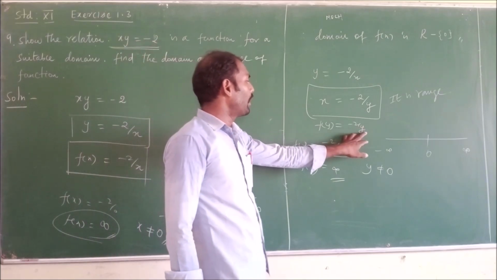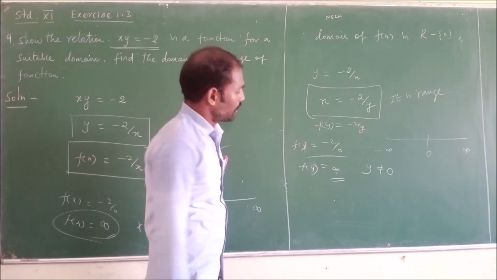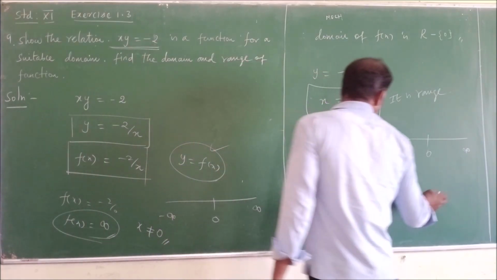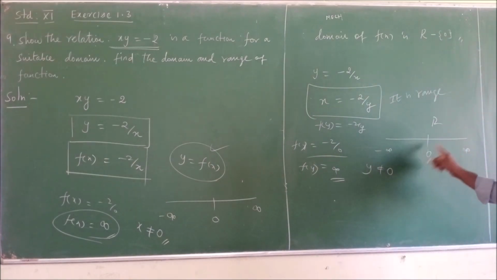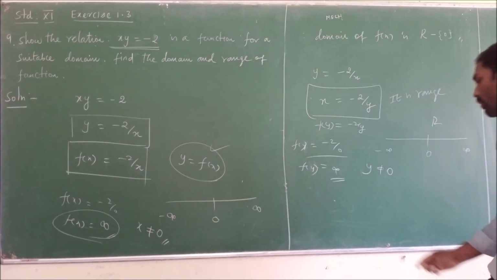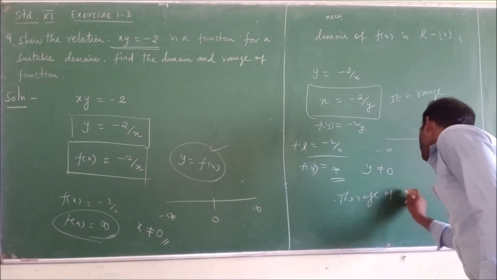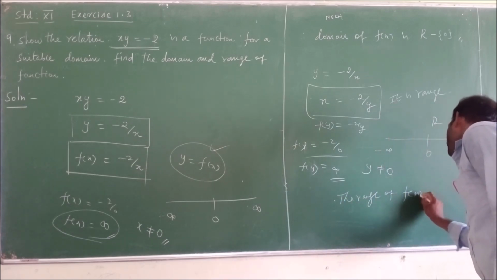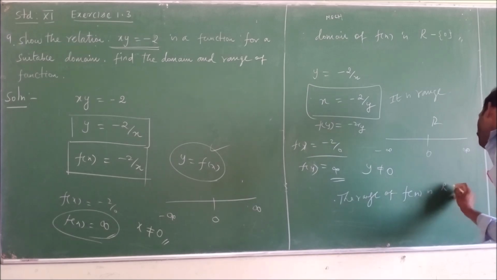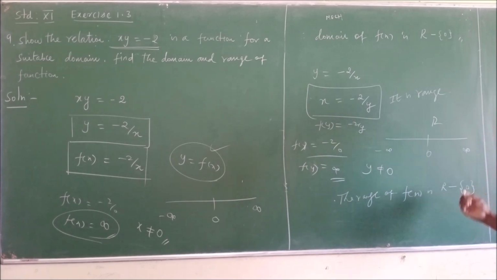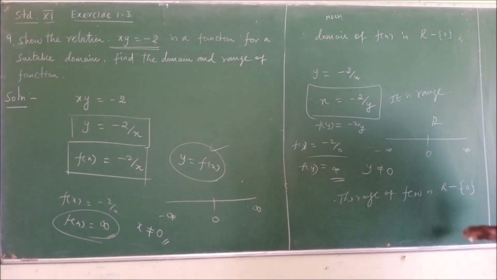Other values we can take in y. So therefore remove only 0 from the real numbers. The range of f of x is the set of real numbers removing 0.